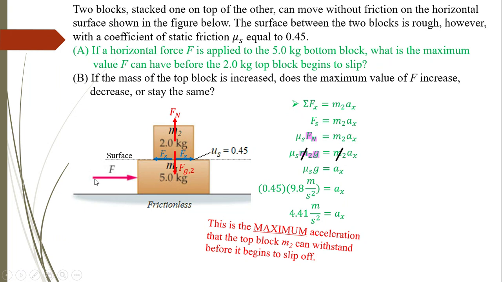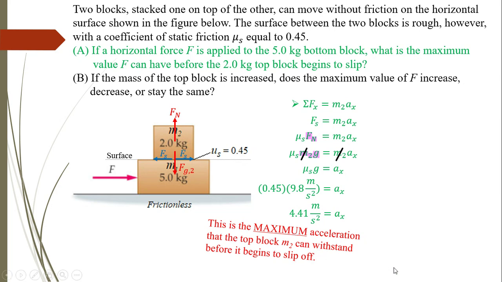Because if you push harder on the bottom block, it will accelerate faster, which causes M2 to fall behind. But for now, this is how it's interpreted. So a_x is 4.41. This is the maximum acceleration that M2, the top block, can handle before it starts to fall behind.